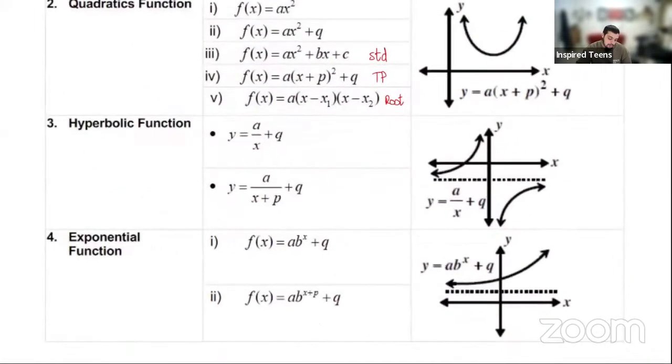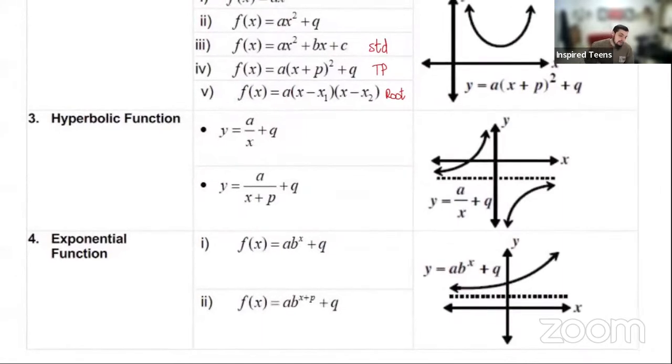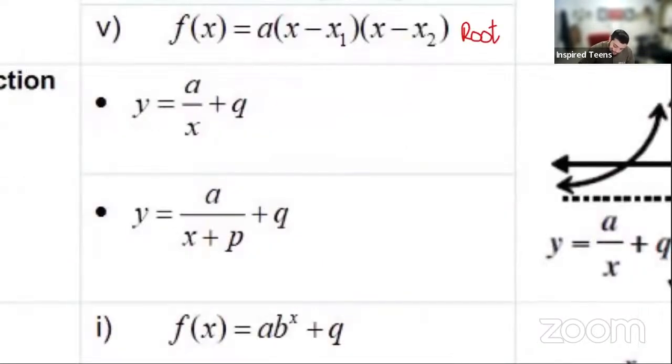Cool. Hyperbolic functions, or hyperbola functions, can be in the form y is equal to a over x plus q. In this case, this is like having a over x plus 0 plus q. That didn't change the value. This means that the vertical asymptote's equation is x is equal to 0, which is the y-axis.